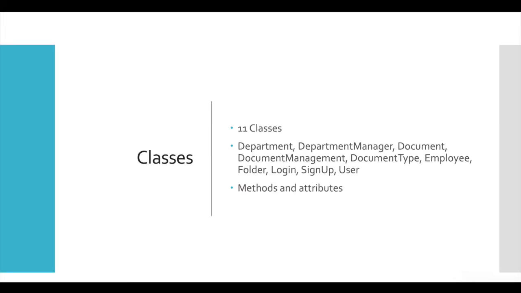In our system, we have 11 classes, which are department, department manager, document, document management, document type, employee folder, login, sign up, and user. These all classes have been implemented with their own attributes and methods, which I'm going to talk about in the source code explanation part. Now I'm going to talk about the source code.